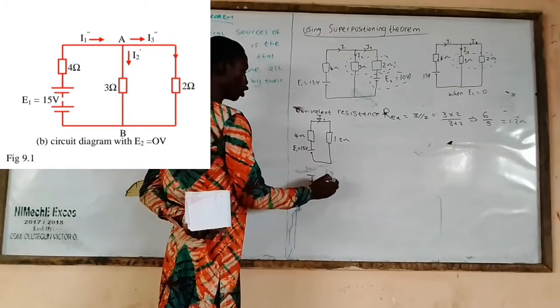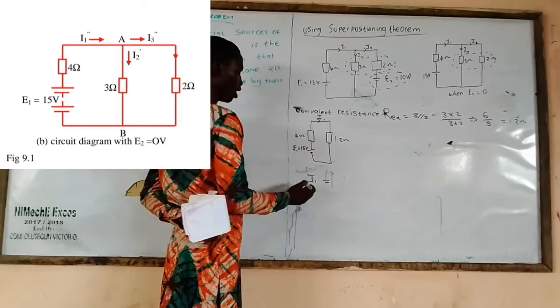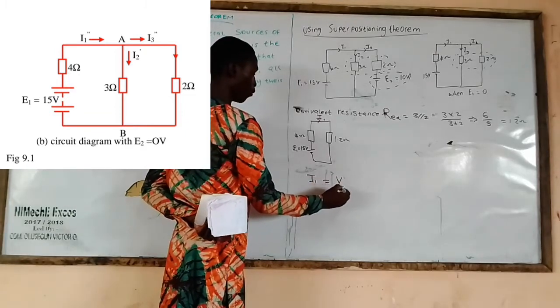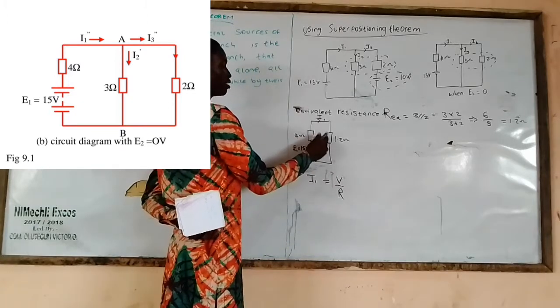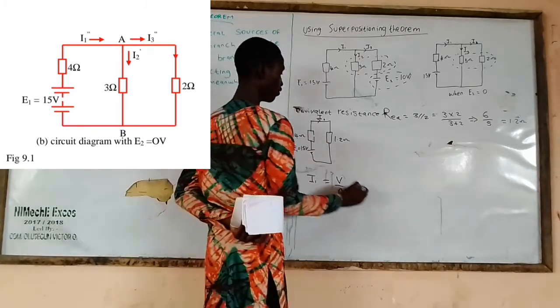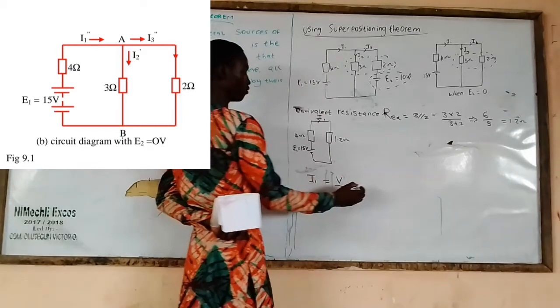From Kirchhoff's current law, I1 equals V over R. Remember these two are now in series. So for series, the voltage is 15.